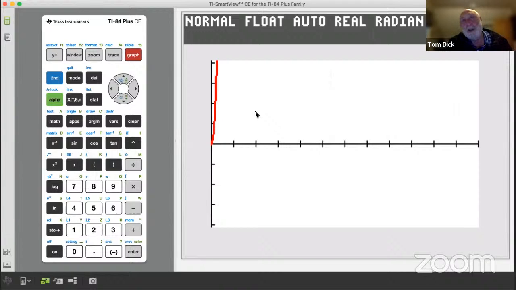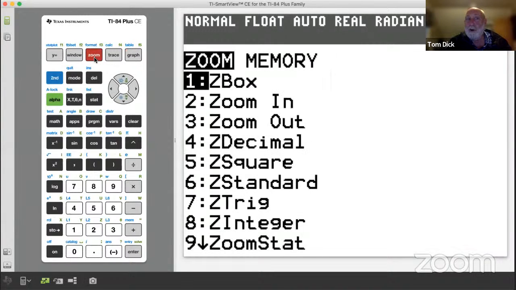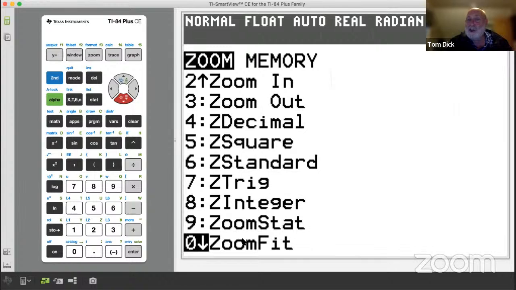So, I could take some time and try some values, figure out what would be a good Y range to use. But there's a nice zoom feature that you can use. You go to the zoom menu. It's actually not on the first page, but if you scroll down past zoom stat, it's this one, zoom fit.